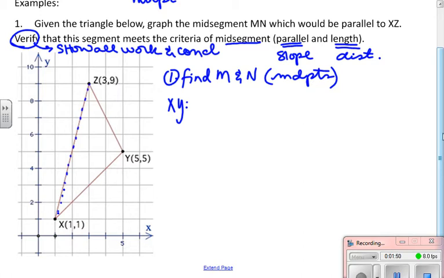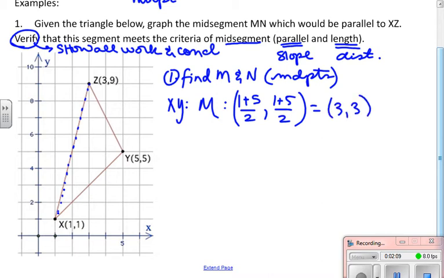And let's call the midpoint of XY M. Well, midpoint here is 1 plus 5 divided by 2, 1 plus 5 divided by 2, 6 over 2, I have 3, 3. So 1, 2, 3, 1, 2, 3. There is M.